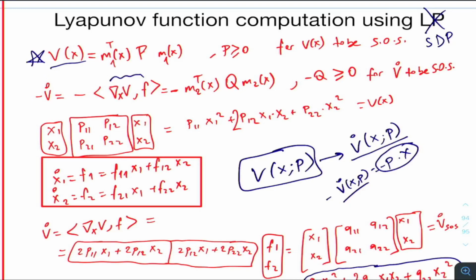So it might be the case that the dimension of m2 and m1 are the same, right? But like 99.9% of the time, m2 will have a greater dimension, is what I'm saying, okay? And so here we have this expression, and this is parameterized by p and x, okay? I'm repeating myself just to make it 100% clear, right?